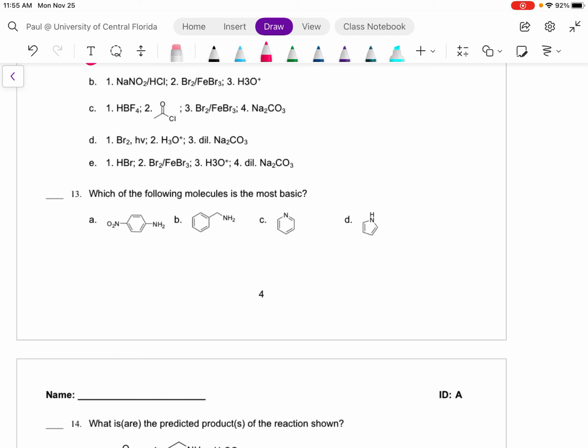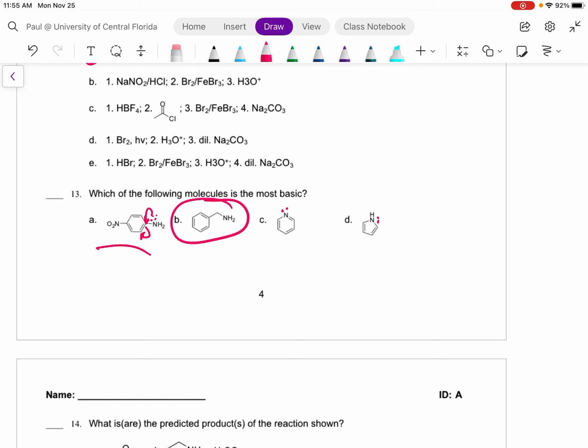Which of the following molecules is the most basic? Answer choice B. And all the other examples there, the lone pairs on these nitrogens, okay, they're attached to like this, that can resonate in.